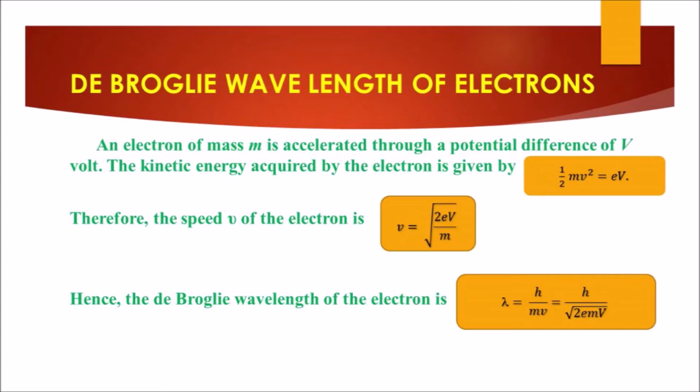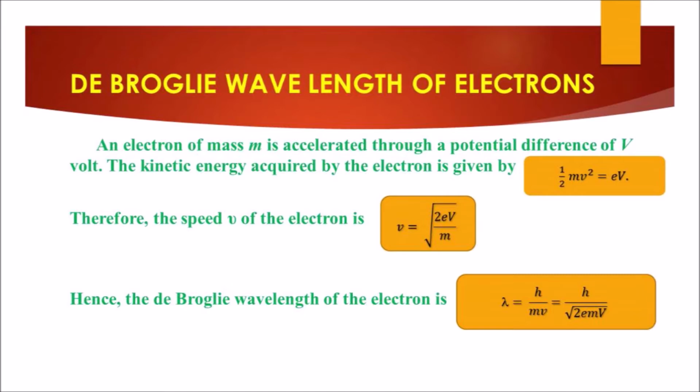The next topic is the de Broglie wavelength of electrons. An electron of mass m is accelerated through a potential difference of V volt. The kinetic energy acquired by the electron is given by half mv square equal to eV.